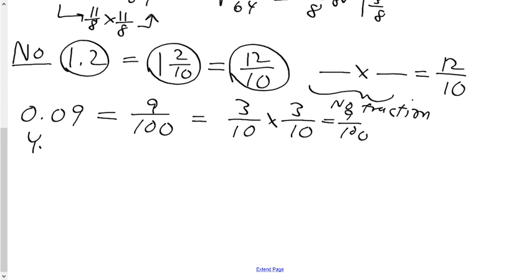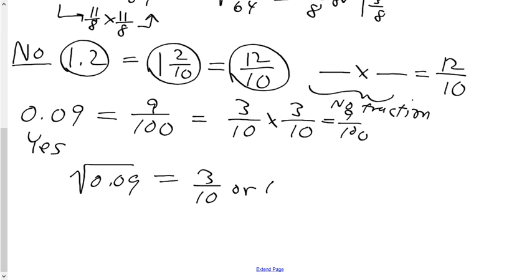So here's what I say. I say, yes, it is. And I can say one of two things. I could say the square root of 0.09 is equal to what number? Well, I want to say 3 tenths, or a better form, since this was a decimal, I want to write 0.3 like this, right? Does that make sense?